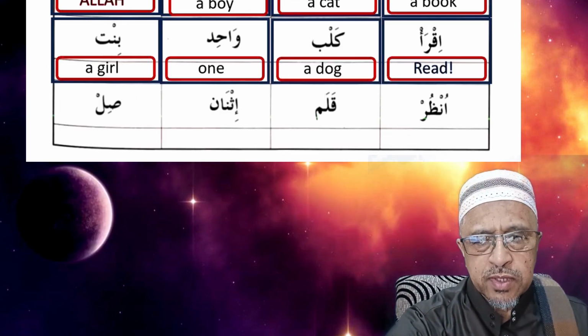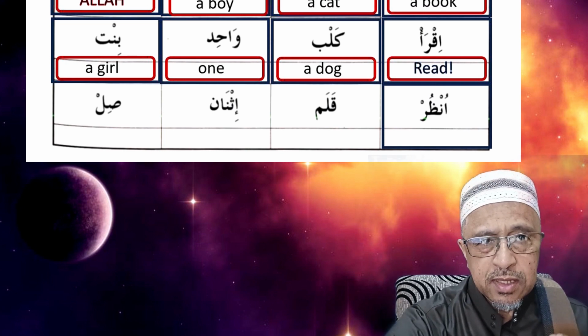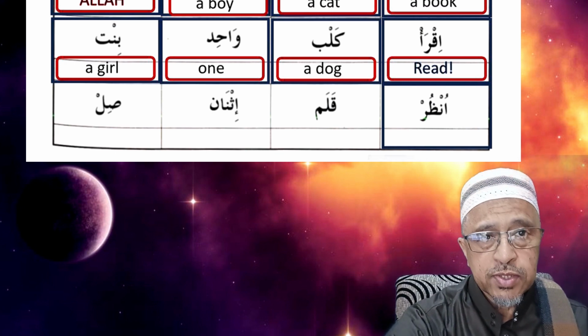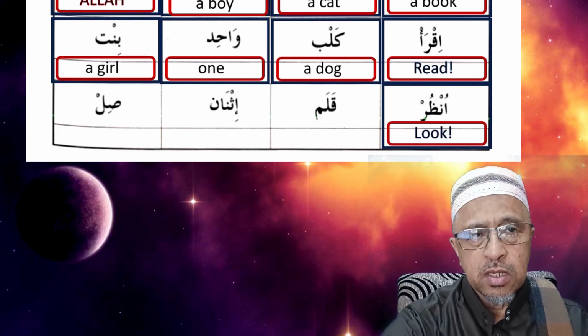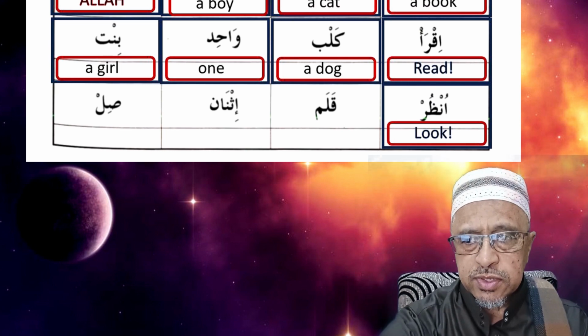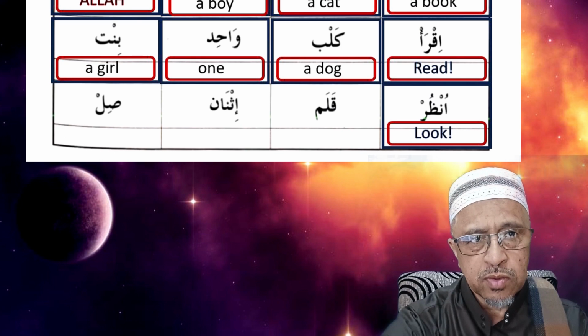Right, last row there. What's the word? Undur. Undur, once again, what does it mean? Look. So again, it's an instruction, look, or suggestion, or you can just simply encourage someone and say, look, you know, it's an invitation, look.